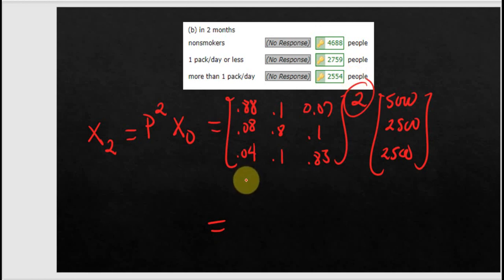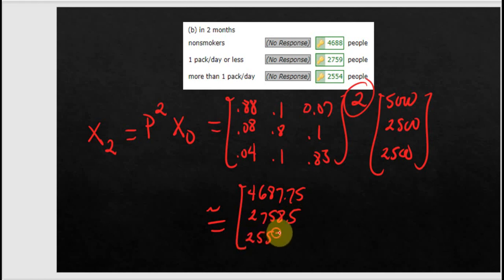And so when you do that, I got decimals. I got 4687.75, but it said round to the nearest whole number. Let me just write what I had. 2758.5 and then 2553.75.